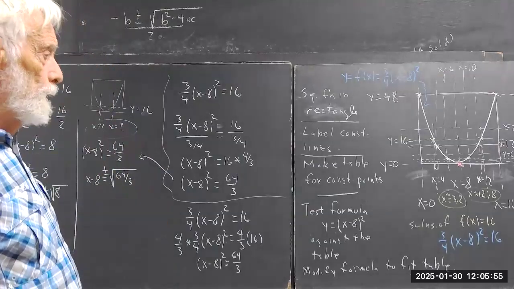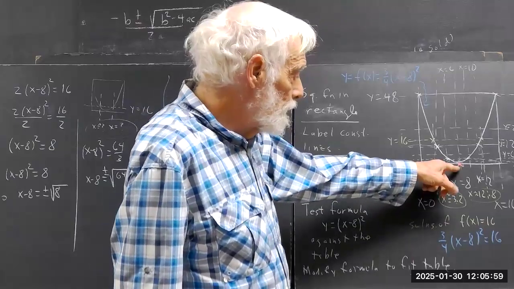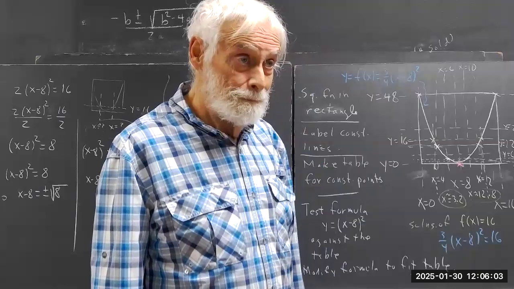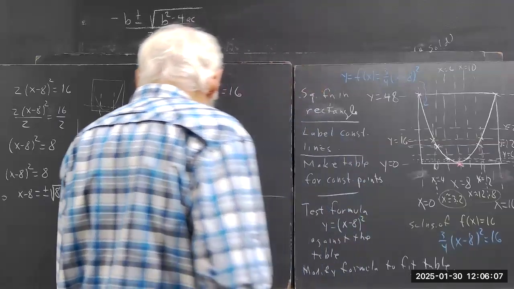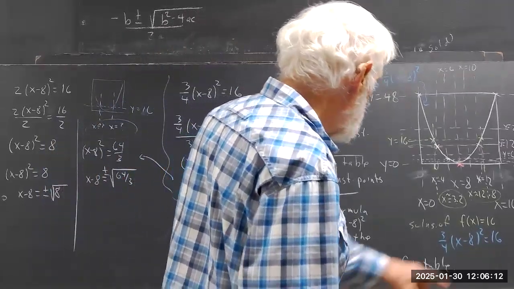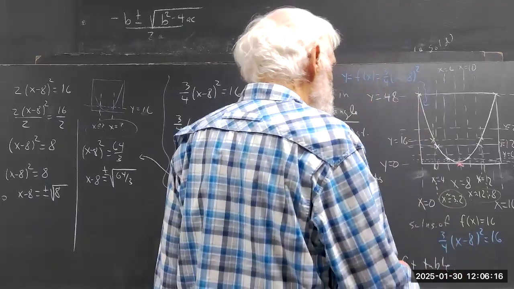The one thing you have to know is that wherever the red dot is, you're going to have x minus that number squared. So the x minus 8 squared is your red dot number.